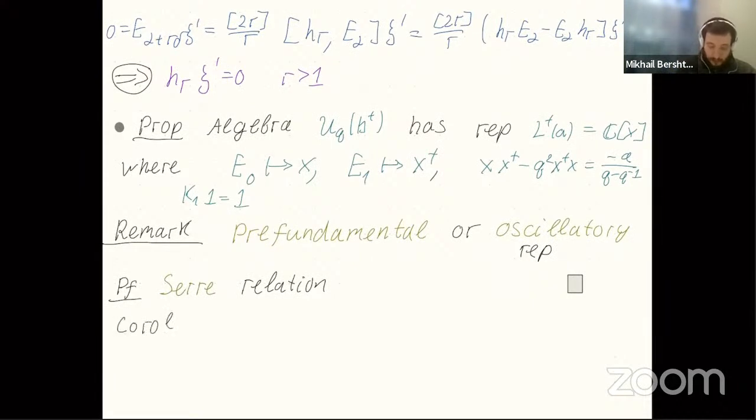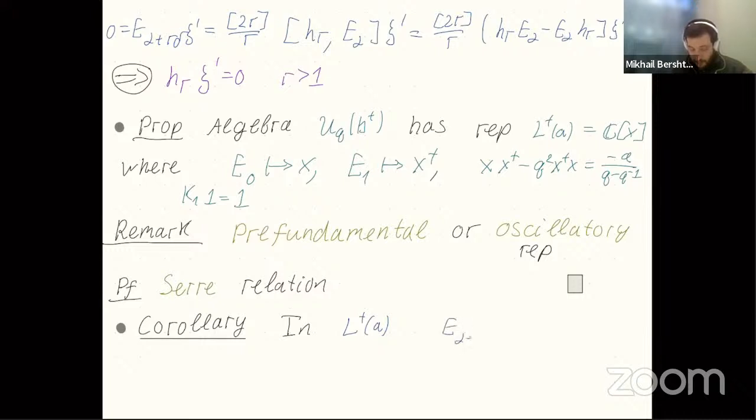Corollary. In this representation which we constructed, L plus of A, E alpha plus r delta goes to 0 for r greater than 0. And similarly, E minus alpha plus (r plus 1) delta goes to 0.